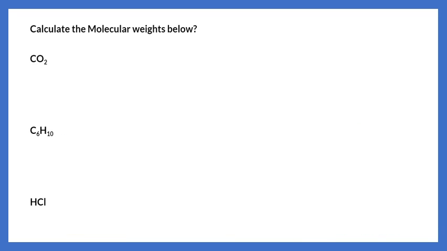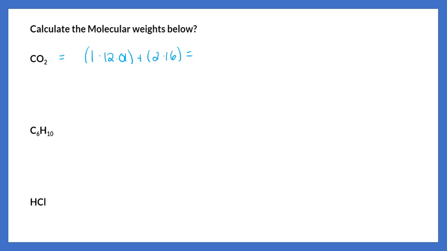So let's calculate these molecular weights. So 1 times, and on the periodic table, carbon's weight is 12.01, plus 2 times the weight of oxygen, which is 16. So let me calculate that out.